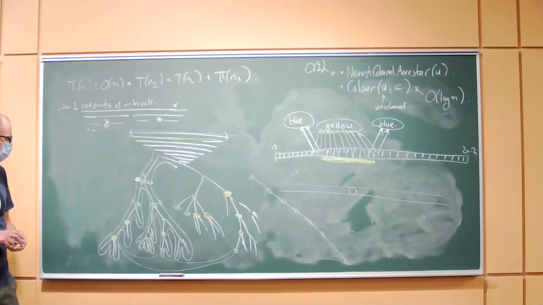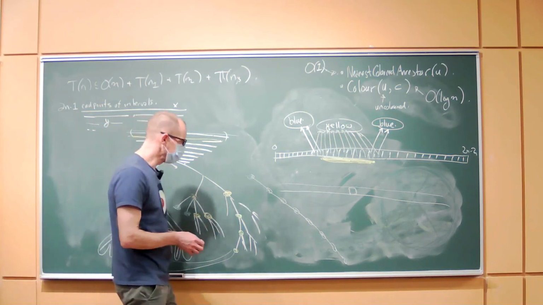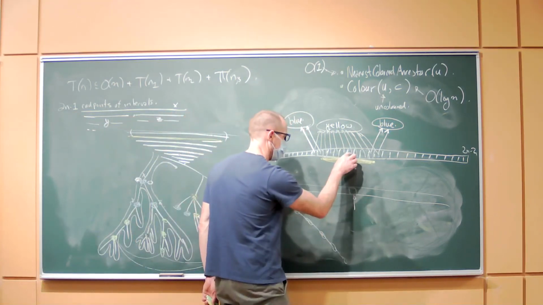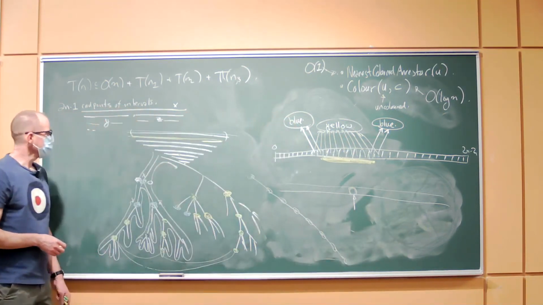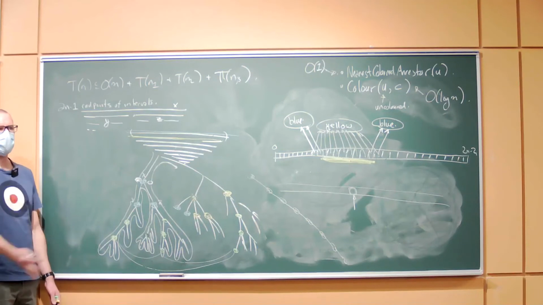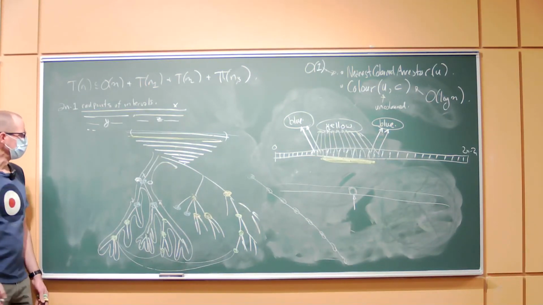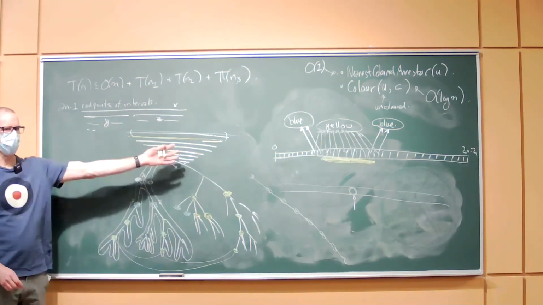All right, so let's think about it. Focus on just one of these locations. Now, when we start, nothing is colored, or if you like, there is one interval whose color is white.